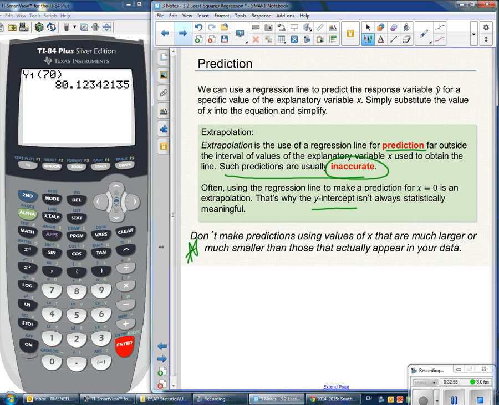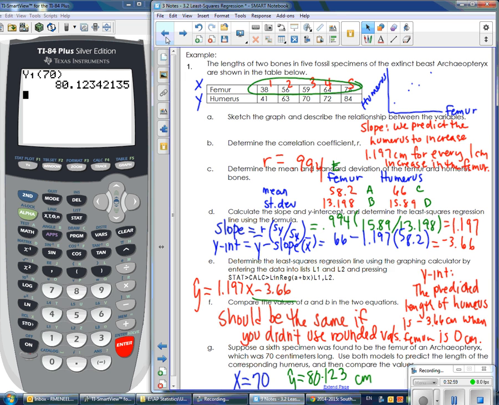The only other thing I wanted to point out with respect to using your calculator for calculating the linear regression equation, and again, I had to pause and I put different data into my calculator. But in order to get the correlation coefficient to come up when you're doing linear regression, I have data in here. I'm going to go ahead and just show you what happens.